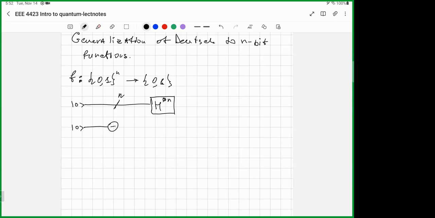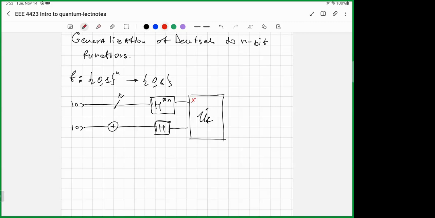Meanwhile, we apply the X to the second one, and also Hadamard to the lower one, to this y qubit. Then here is this unitary operator U_f, which again we don't know, to be defined.